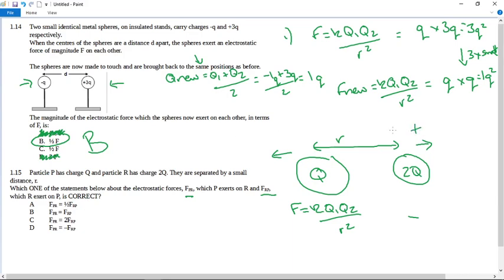So if this way is positive, this way is negative. So the first one is wrong because the forces are equal. The third one is wrong because the forces are equal. So if we pick between B and D, the answer is D, because the forces, according to Newton's third law, have the same magnitude but are in opposite directions. So the force of P on R is equal to minus the force of R on P.